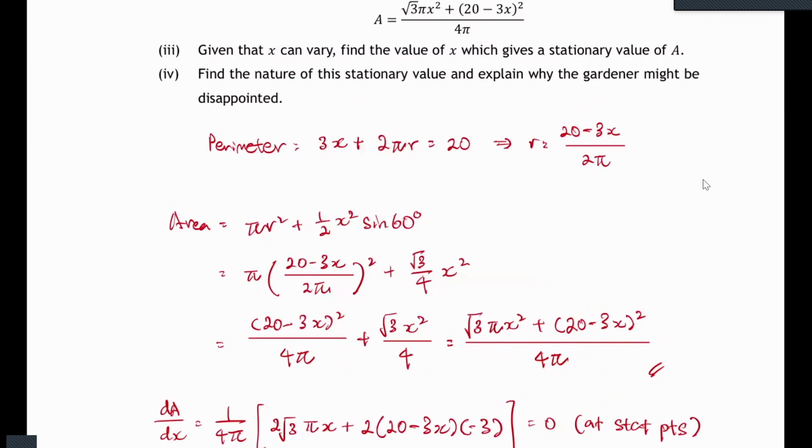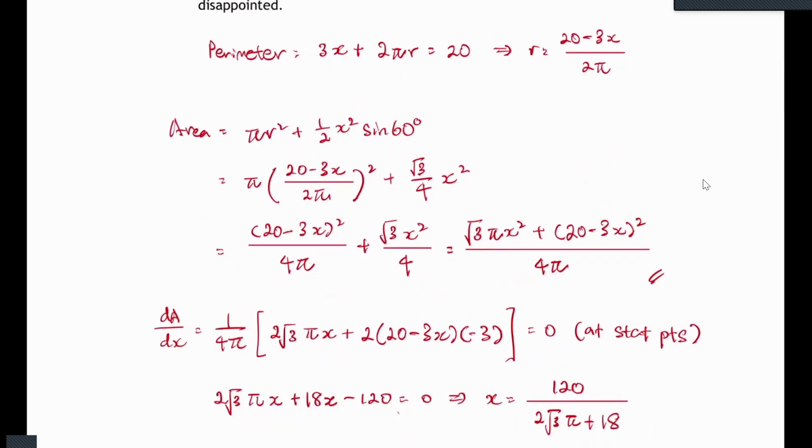Okay. Once we have this expression, we will differentiate this. The 1 over 4 pi we can just factorize. Then we focus on the numerator here.